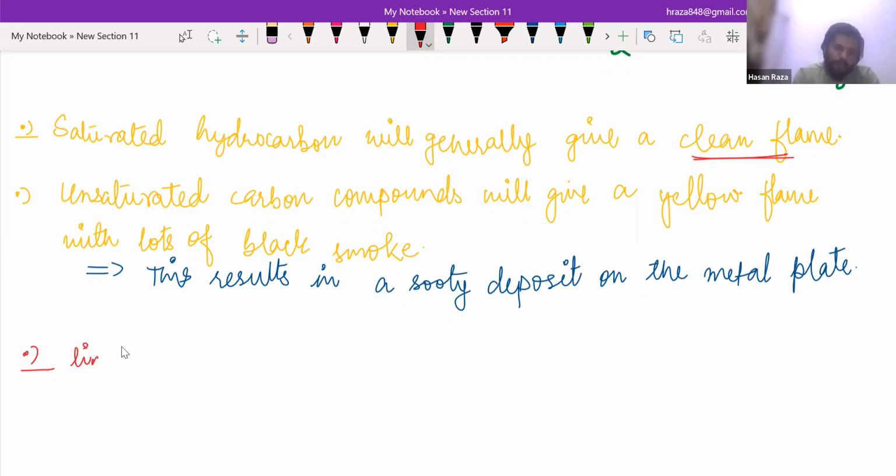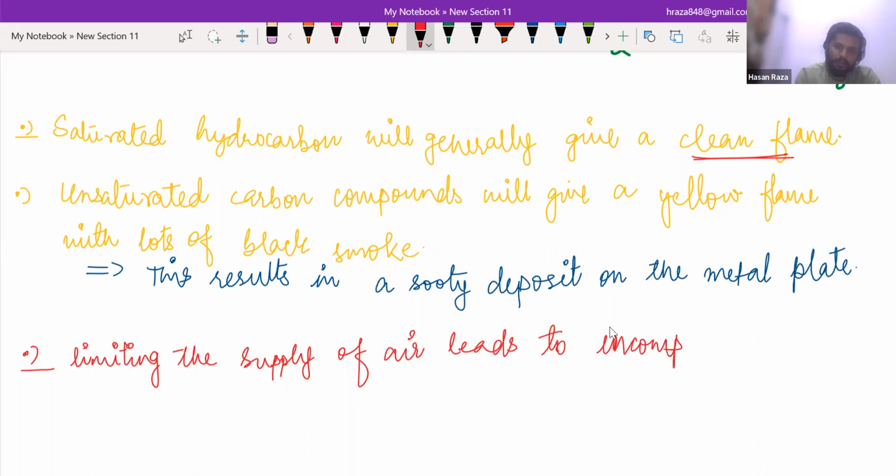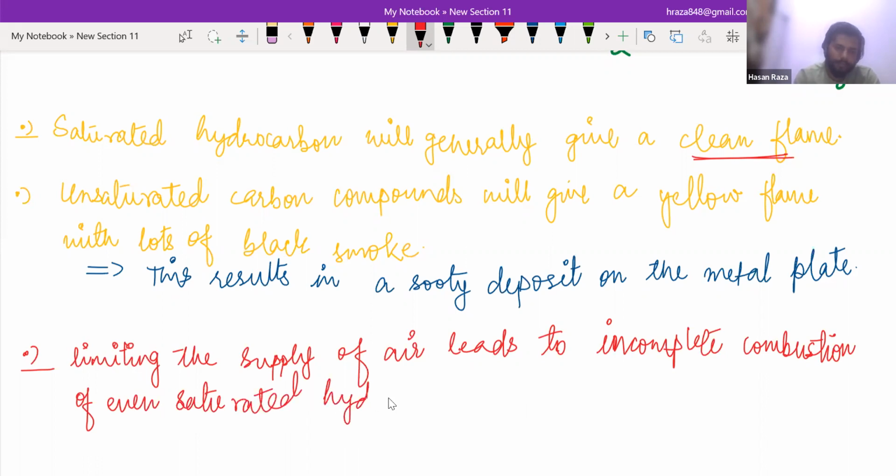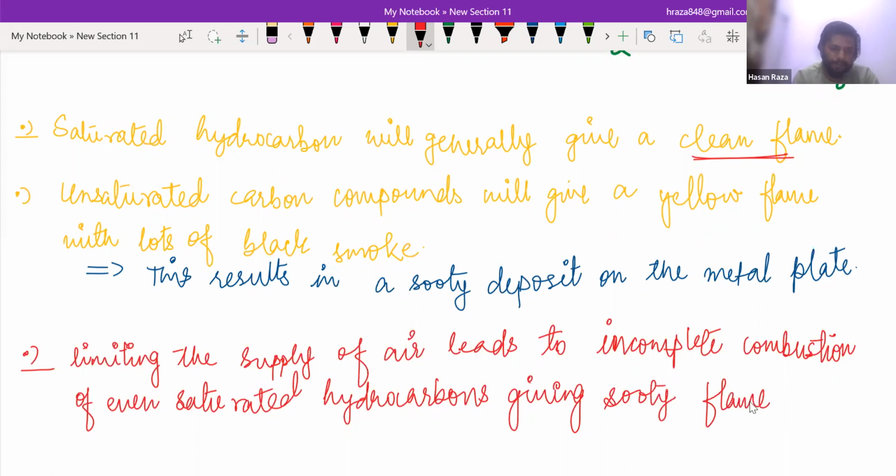So we can write: limiting the supply of air leads to incomplete combustion, even of saturated hydrocarbons, giving a sooty flame. So please write it.